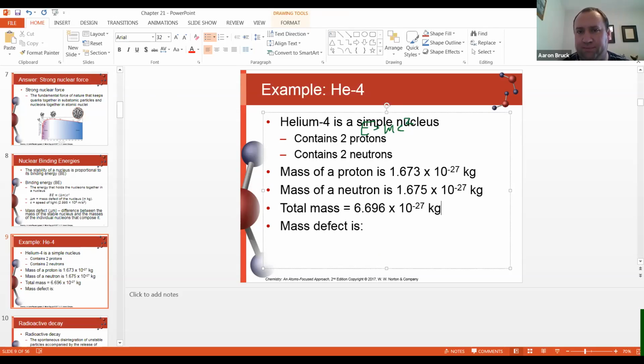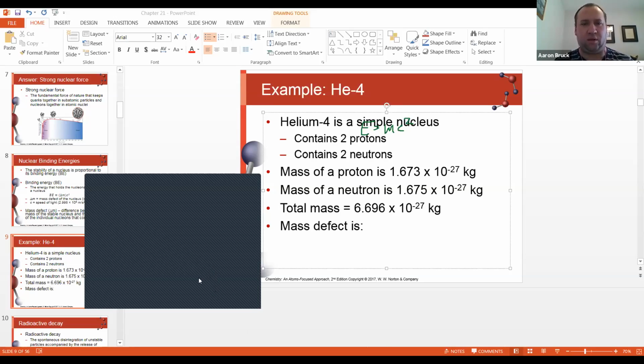Now, the mass of a helium-4 nucleus in kilograms would be 4.003 divided by Avogadro's number, and then divide by 1,000 to get kilograms.